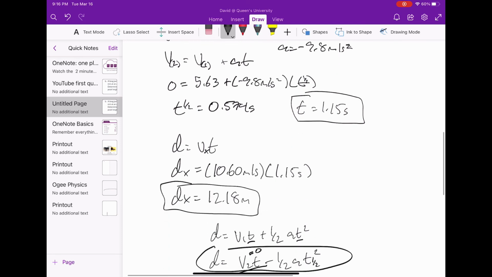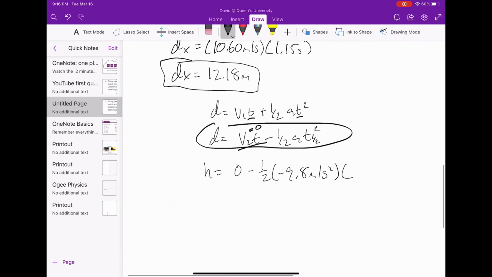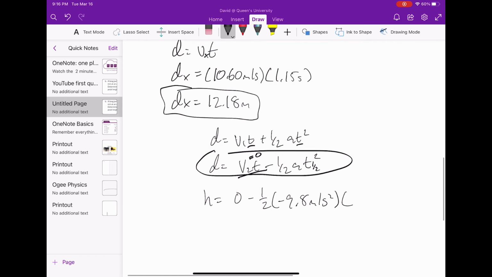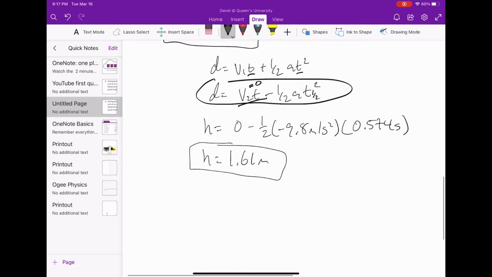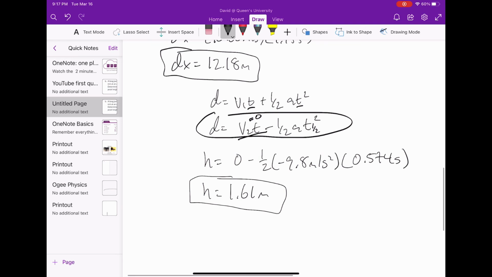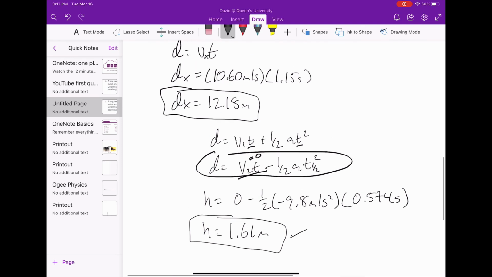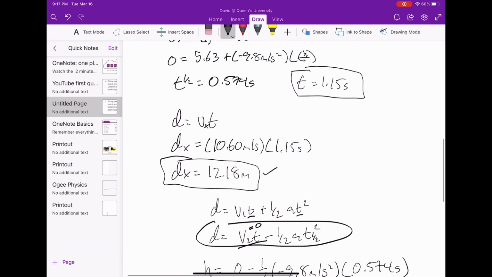So at halfway of our jump. And that time we had was 0.574 seconds. So if we do that math there, our height is going to be 1.61 meters. So this is our maximum height right here, our distance in the x, and our total time of flight.